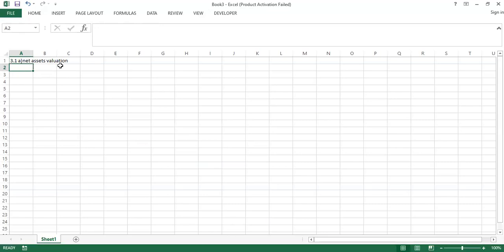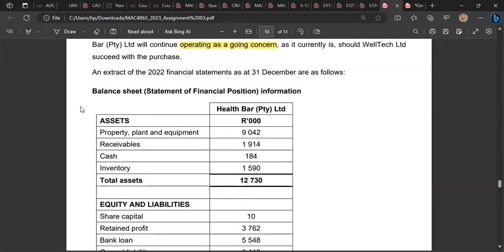How you write it is up to you. This is 3 marks, so we shouldn't fight about the presentation on this one. But because we are learning, I'm going to go back there and take the items as they are. We want to take the assets as they are, so let's just say property, plant, and equipment.